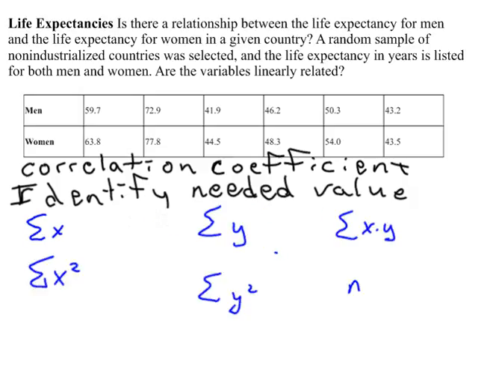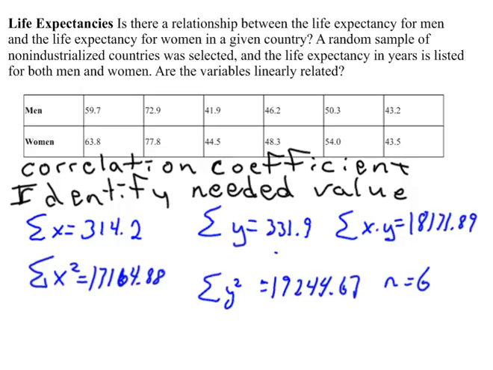So I was saying the values you need are the sum of the x's, the x squares, the y squares, the product of the x's and y's, and then the actual value for n. Now, using your calculators the way we discussed it in our very first video, locate those values and identify those.